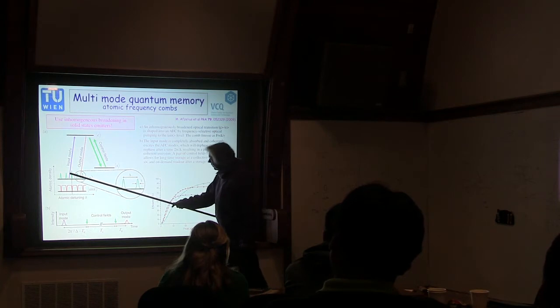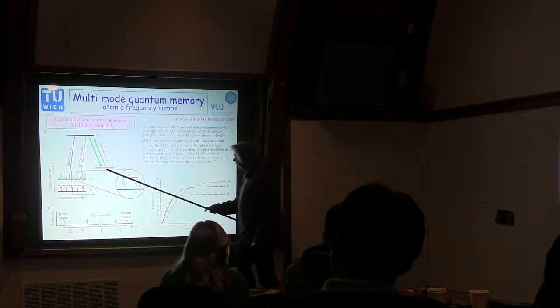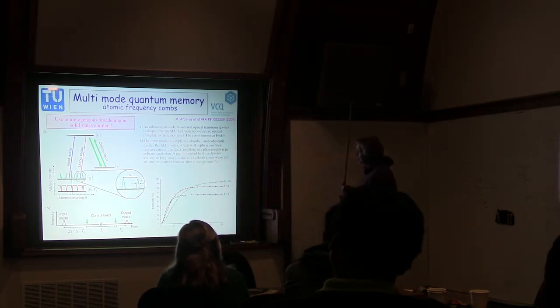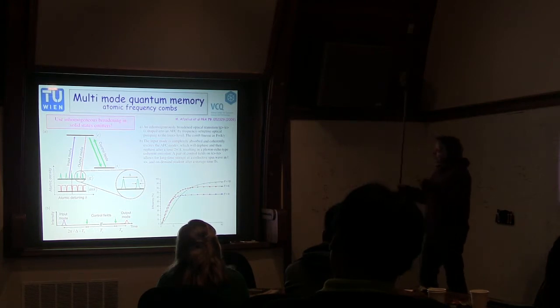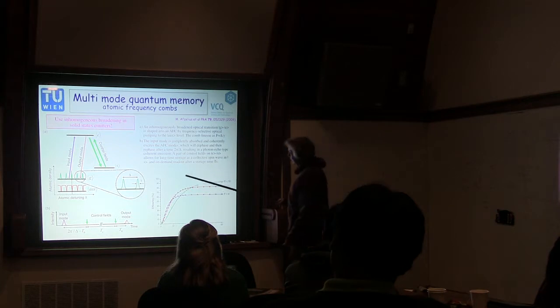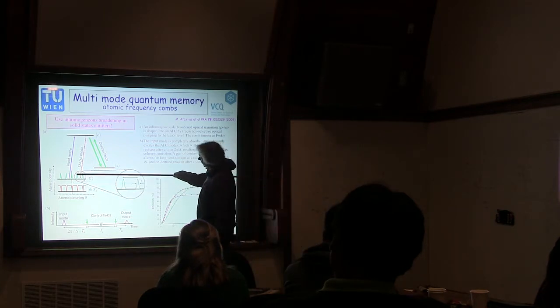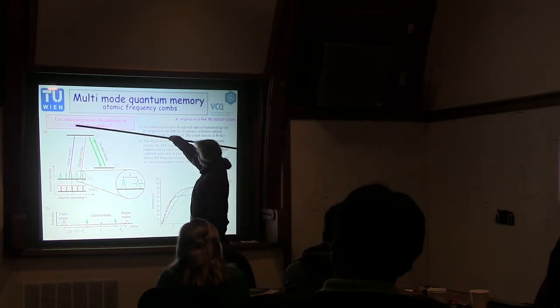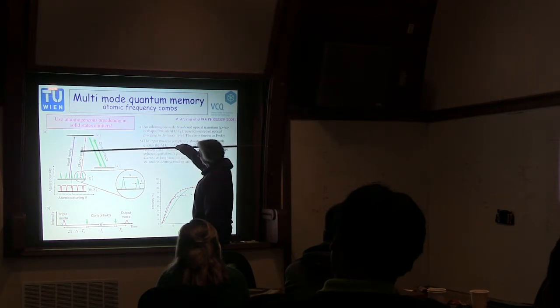You can write many different frequency combs into the system, and that allows you to store many quantum states in this broad band. The basic idea in the beginning was you have a ground state, an excited state, and an input mode.